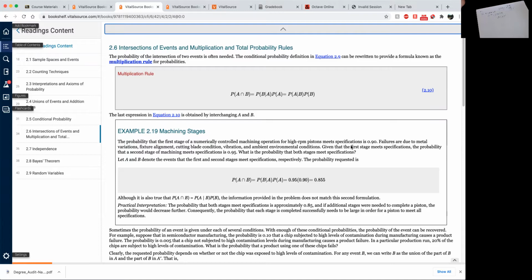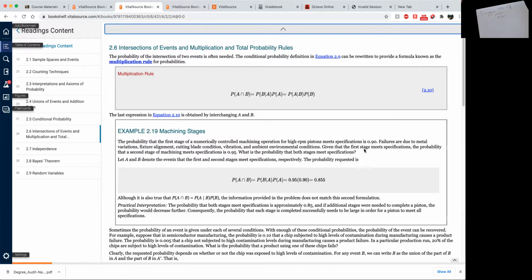Let's say the event that the first stage of the numerically controlled machining operation for high RPM pistons meets the specification is A. Then P of A is 0.9. The failures are due to metal variation and fixture alignment, including vibration and ambient environment conditions.